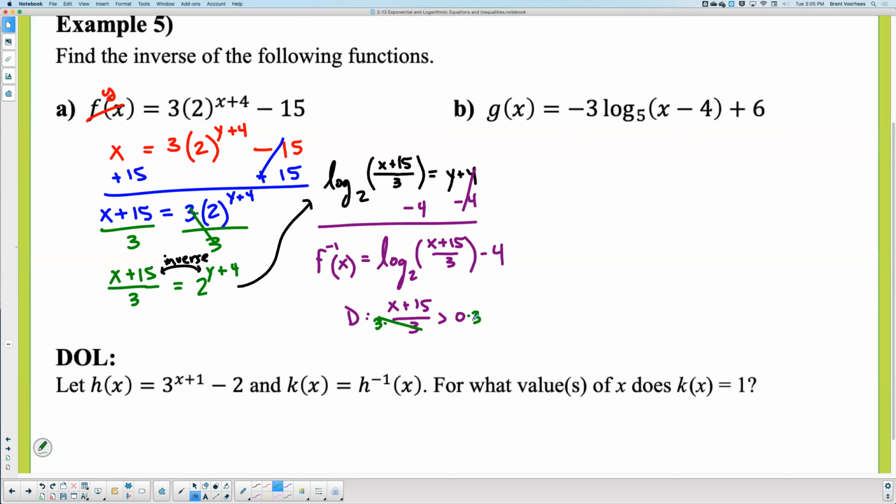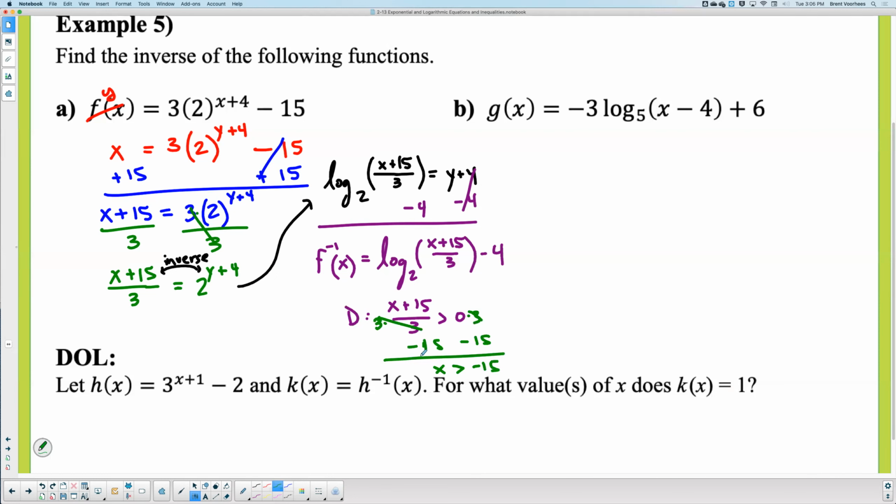And then what is 0 times 3? Well, that's still 0, so that cancels. And then I would next subtract 15. So it'd be 0 minus 15, which means, if I simplify all this, our domain is x is greater than negative 15.